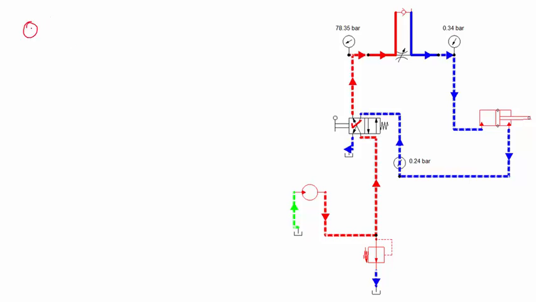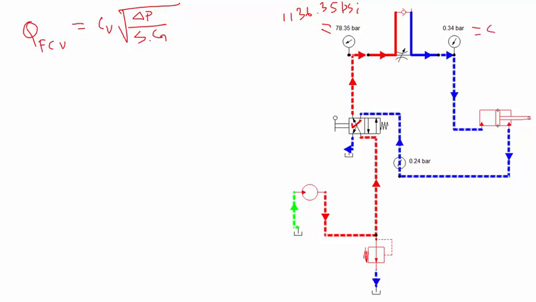For a flow control valve, whether meter-in or meter-out, it's the same equation. For any flow control valve, the flow equals the flow control valve coefficient times the square root of delta P divided by specific gravity. Delta P in this case: we have 78.345 bar, which I have converted to 1136.35 psi, and 0.34 bar, which I have converted to 4.9 psi.